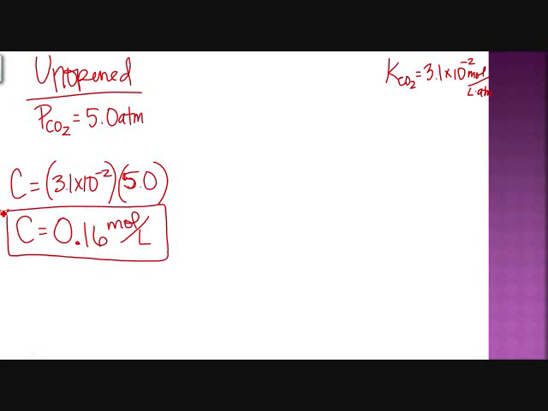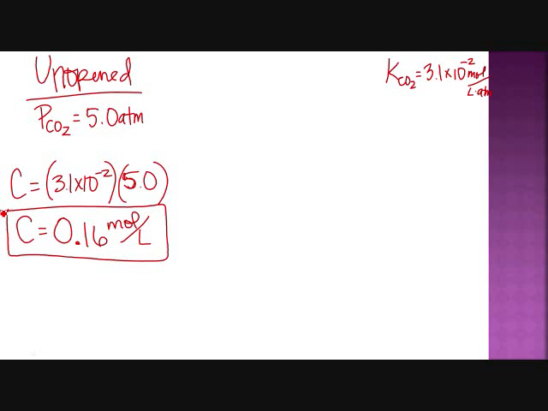Two significant figures. Awesome, thank you. So before you open up the bottle of soda, or pop, whatever you want to call it, the concentration was 0.16 moles per liter, or 0.16 molar.